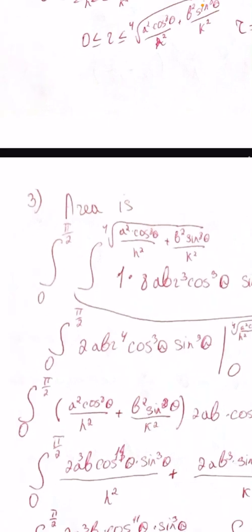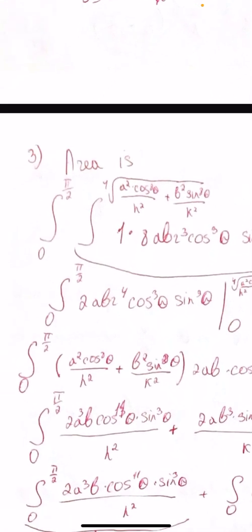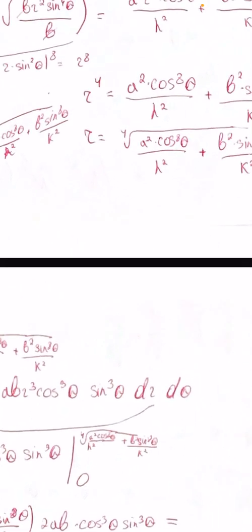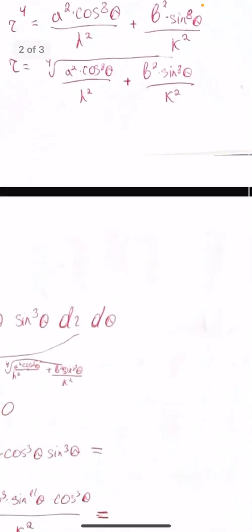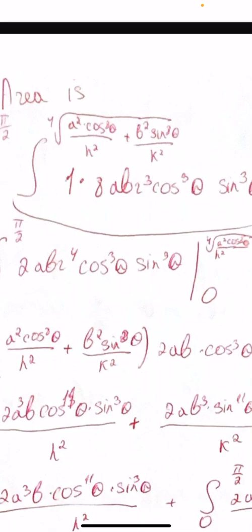So we will use, as I said, a double integral. The first integral is going to be from 0 to pi over 2, and our second integral is going to be from 0, sorry, from 0 to this function. We just need to find the integral of 1 multiply our Jacobian.